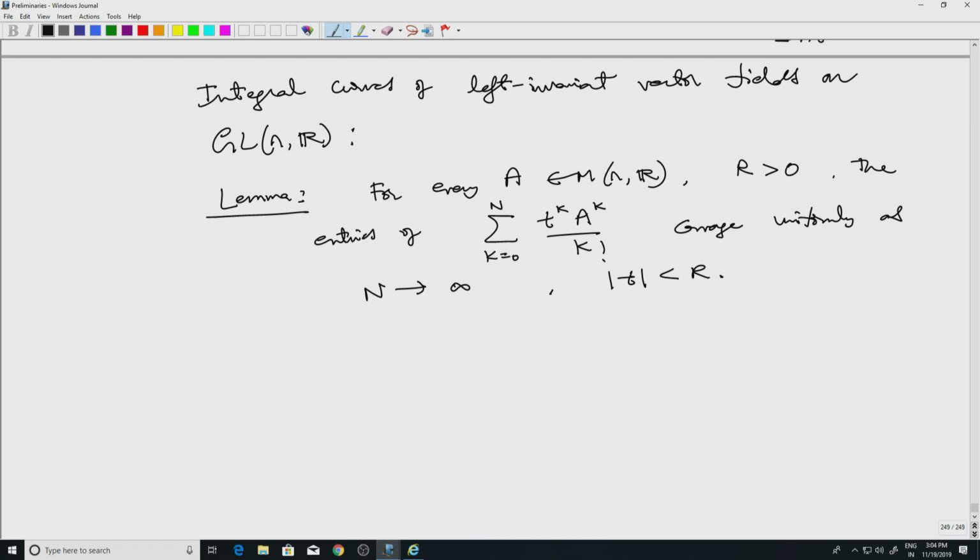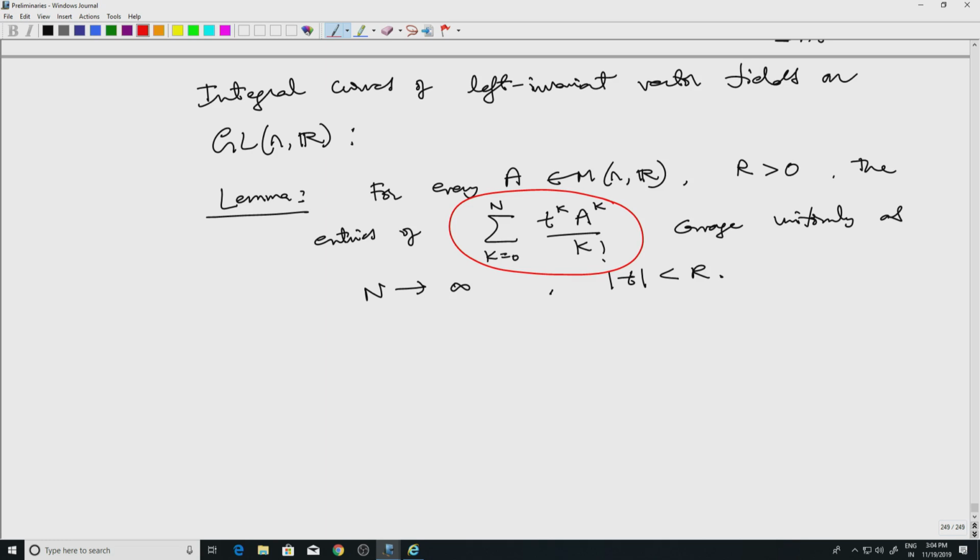So I look at the n squared entries of this matrix. I get a sequence of functions. Actually I get n squared functions.